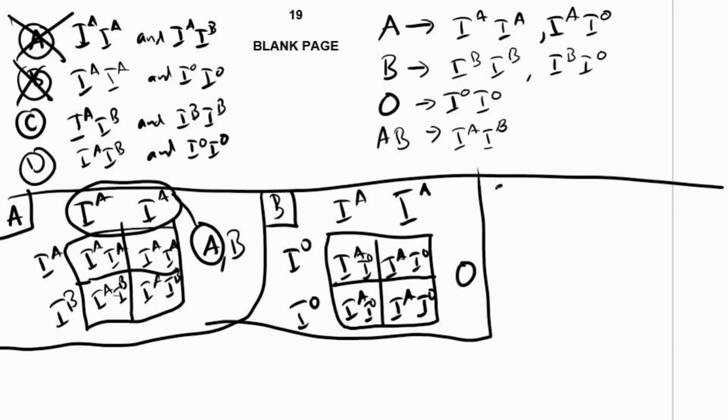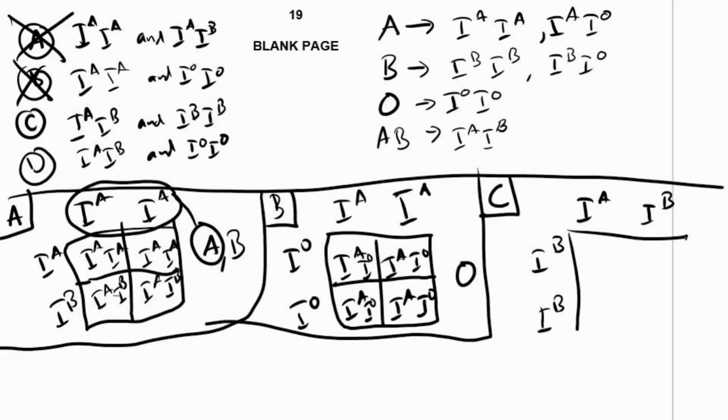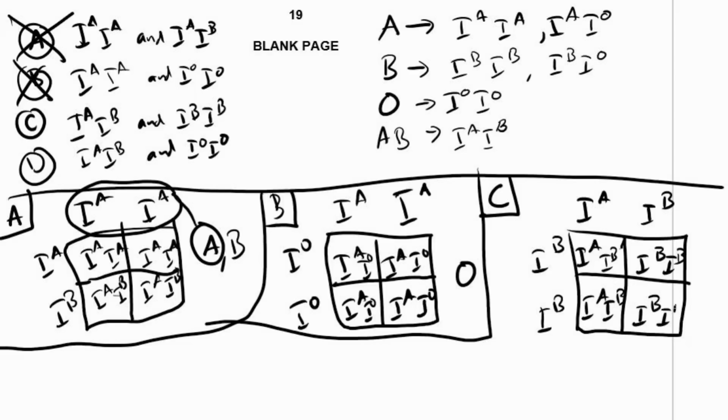Okay, let's try C. So for C, we do IA IB by IB IB. For this one we have type AB for these two, and type B for these two.